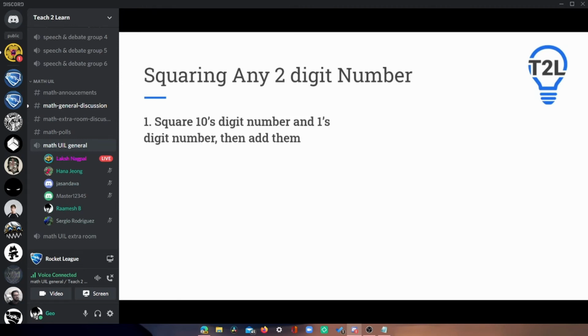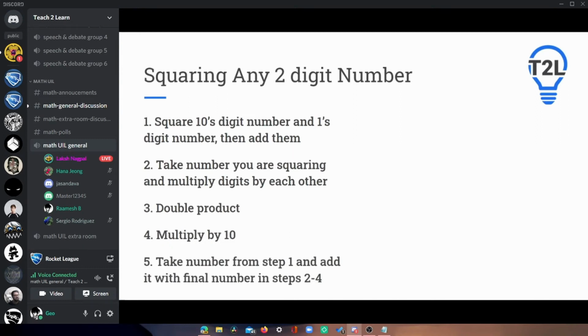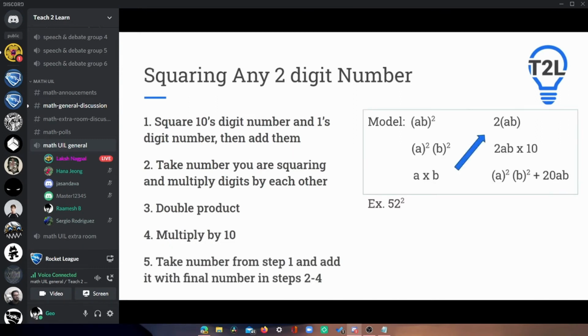So, squaring any two-digit number. This one's very lengthy. It has a lot of steps to it. But if you guys can memorize these and get used to it, get practice, then this should be pretty easy too. This basically works with any two-digit number whenever you need a square.